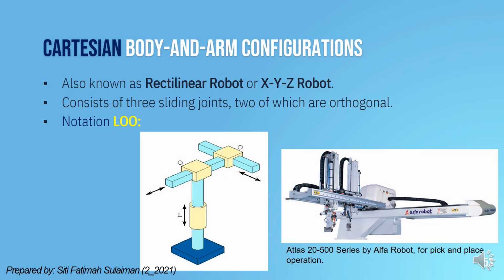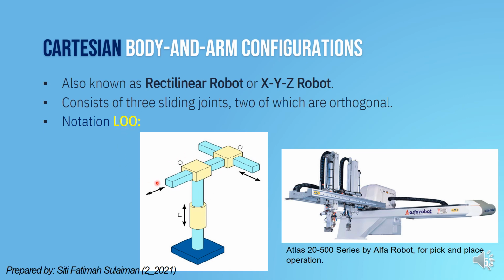So this is a Cartesian robot. Certain industries call this robot an XYZ robot. A Cartesian robot doesn't involve any rotary motion. As you can see, this type of robot only consists of linear motion, with type L and type O joints.